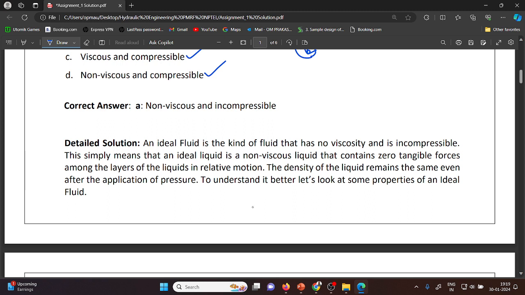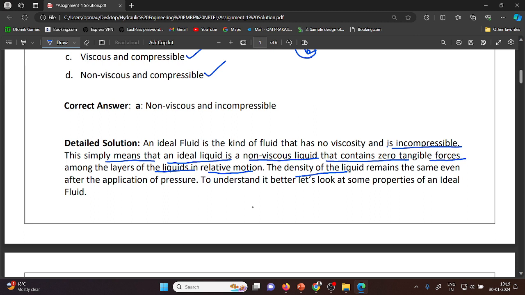An ideal fluid is the kind of fluid that has no viscosity and is incompressible. This simply means that an ideal liquid is a non-viscous liquid that contains zero tangential forces among the layers of liquid in relative motion.